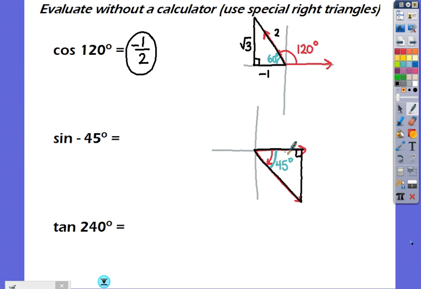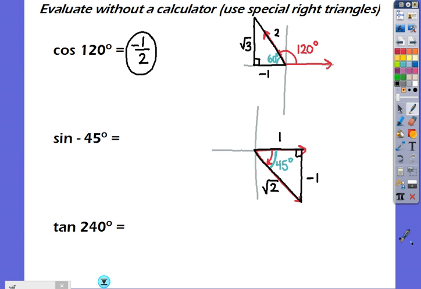Notice that one of the sides of my triangle is always on the x-axis. That terminal side is always my hypotenuse, and I've got a 1, 1, square root of 2. You want to think, are any of those negative? Well, this would be a positive x value, a negative y value, and the radius is always positive.